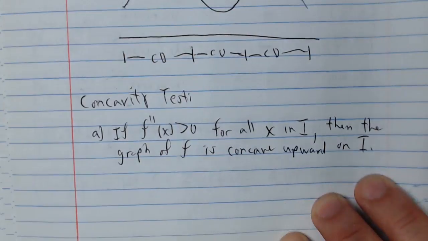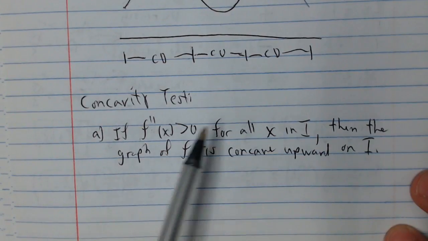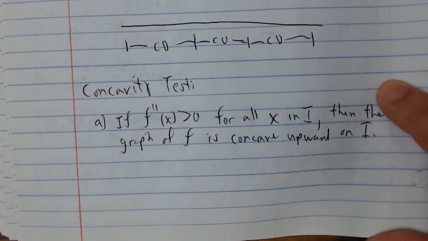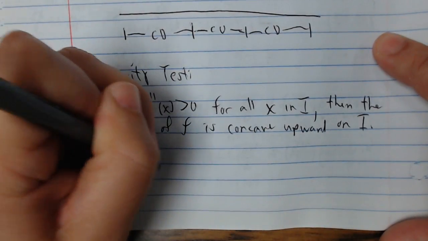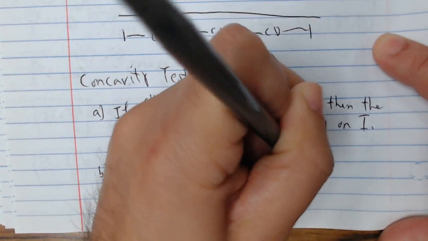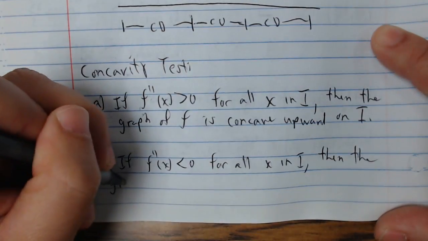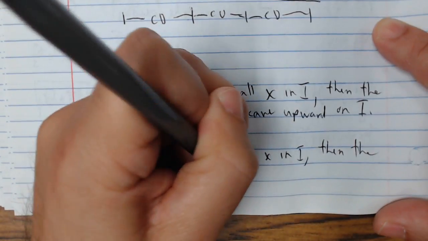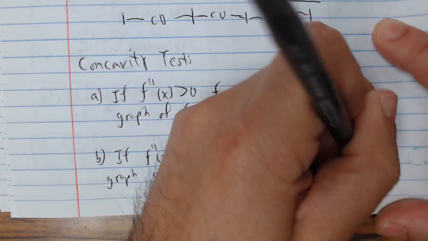So basically what this is saying is, look, if your second derivative is positive on some interval, then that means f itself is concave upward. Now remember, the second derivative is giving you information about f. And of course, if f double prime of x is less than 0 for all x in some interval, then the graph of f is concave downward on that interval.